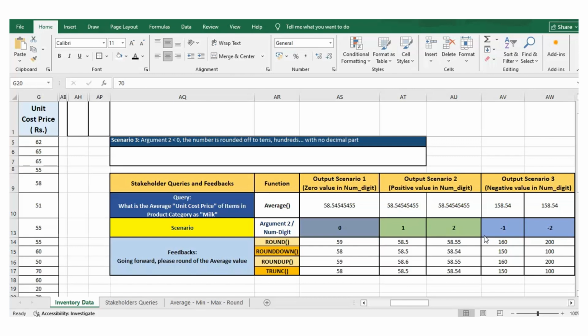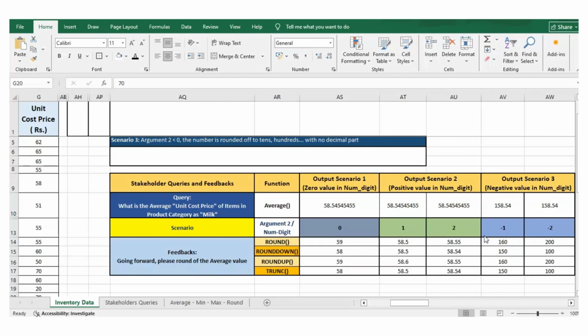So in case of -1 and input value being 158.54, the output would be 160 because that is the nearest tens number. In the case of -2, the rounding off happens to the 100th place. So in this case, if we put -2 there, on the 100th place, 158 is closer to 200 or 100?